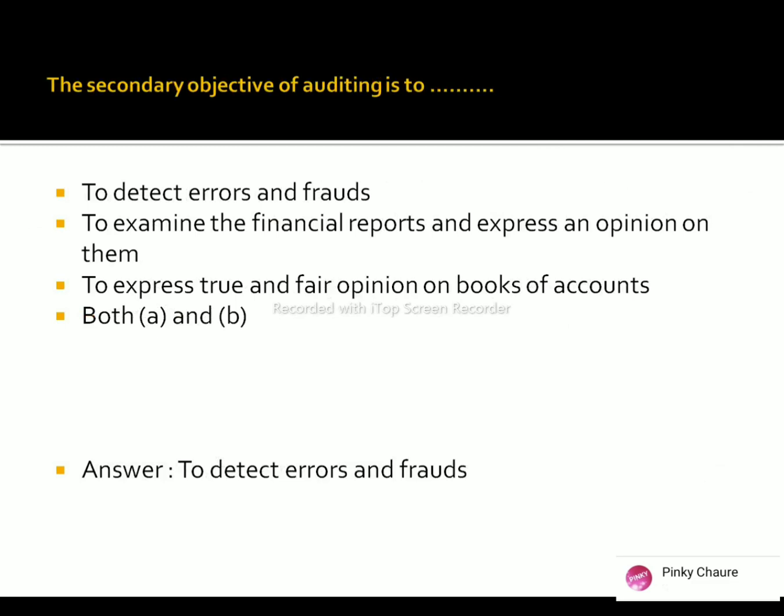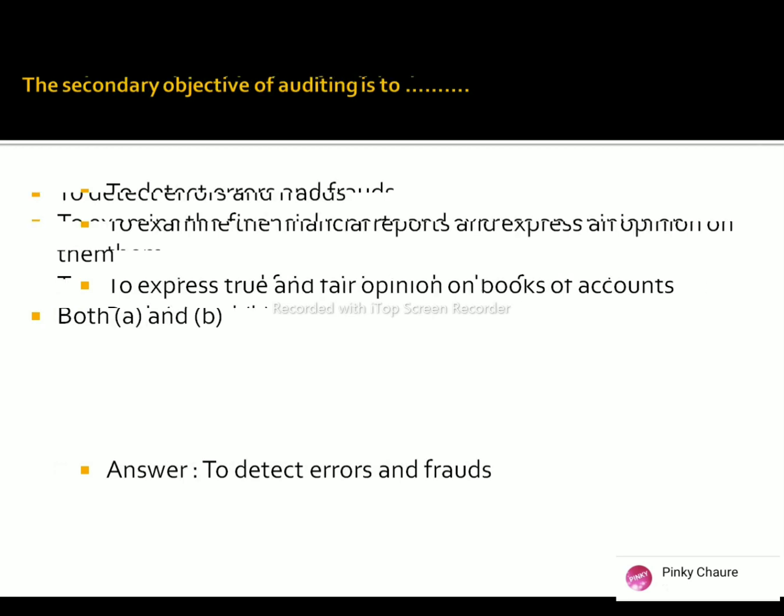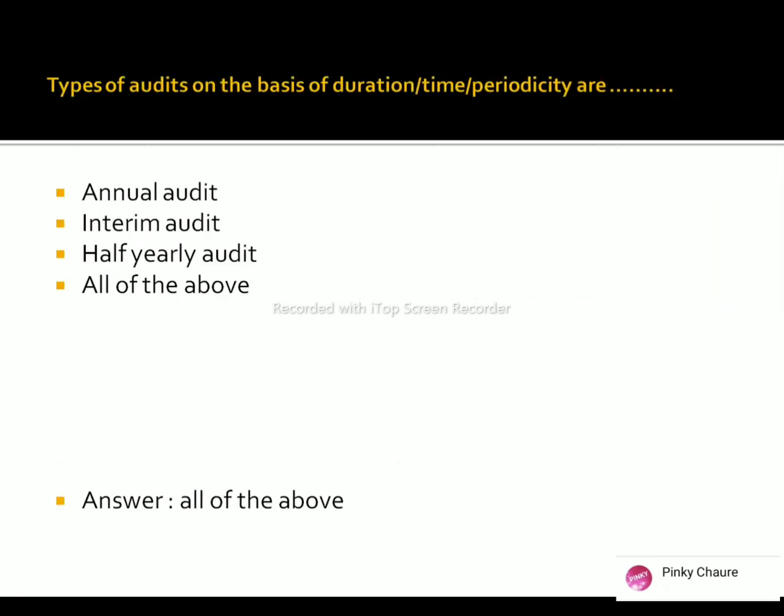Next, the secondary objective of auditing is to dash. Option is to detect errors and frauds, to examine the financial reports and express an opinion on them, to express true and fair opinion on books of accounts, both A and B. Answer is to detect errors and frauds.